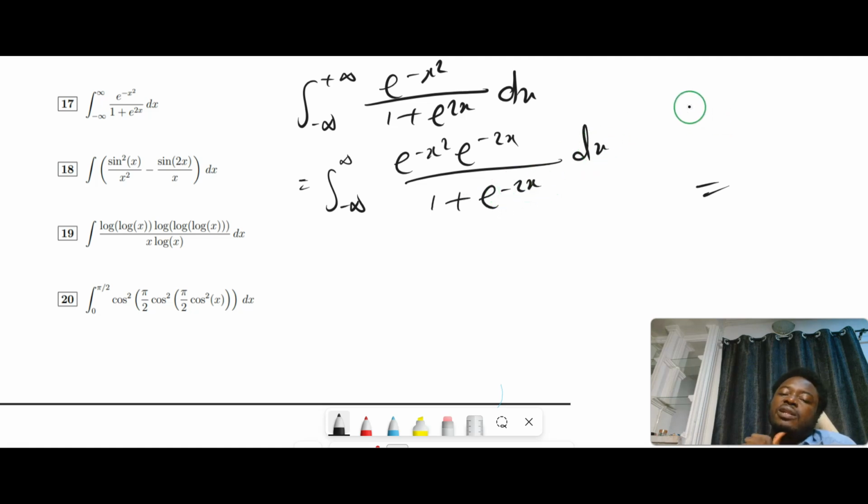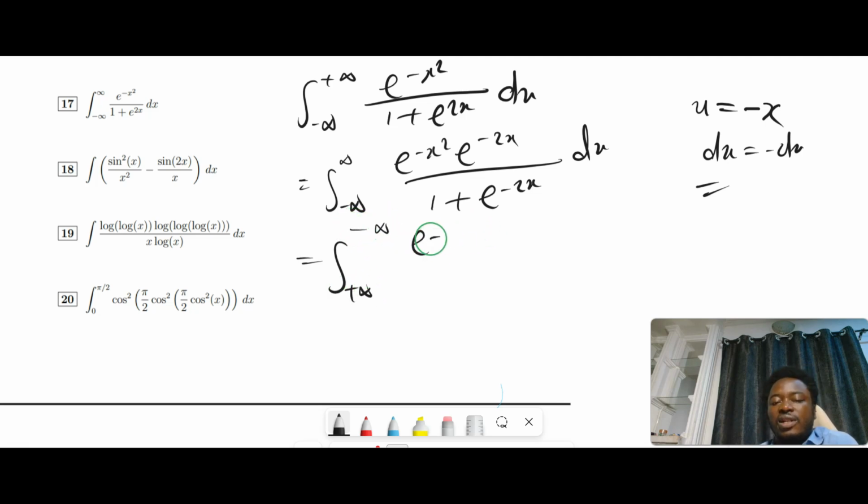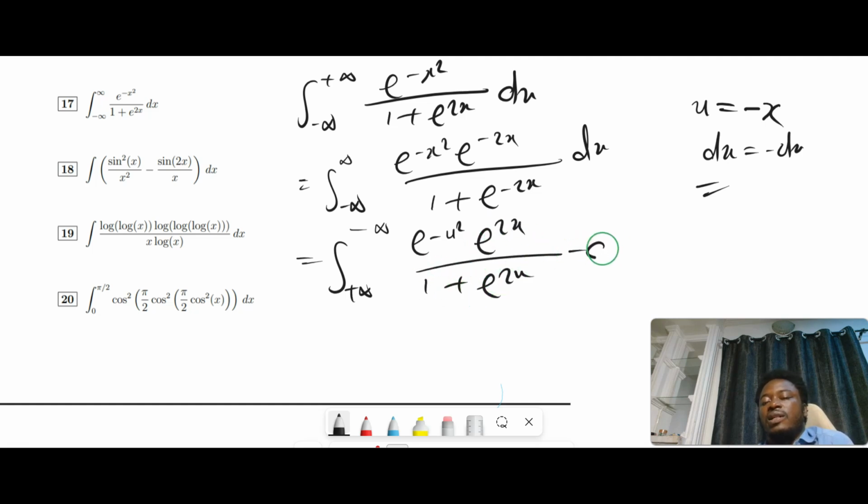So when you take u to be negative x, du is negative dx, and the limits of integration switch, so this will be plus infinity to negative infinity of e to the negative u squared e to the 2u all divided by 1 plus e to the 2u, negative du.